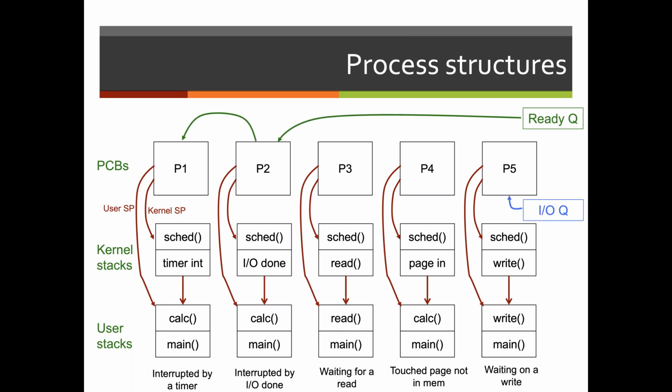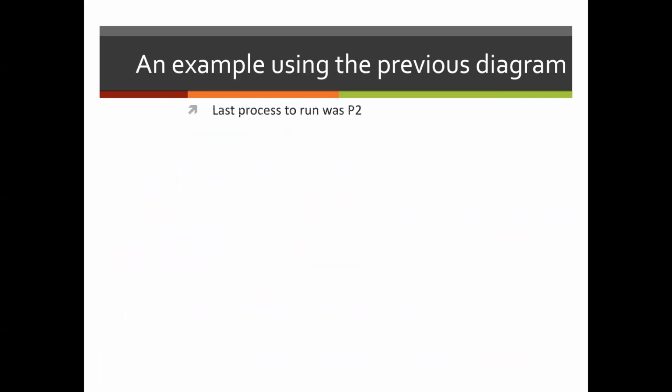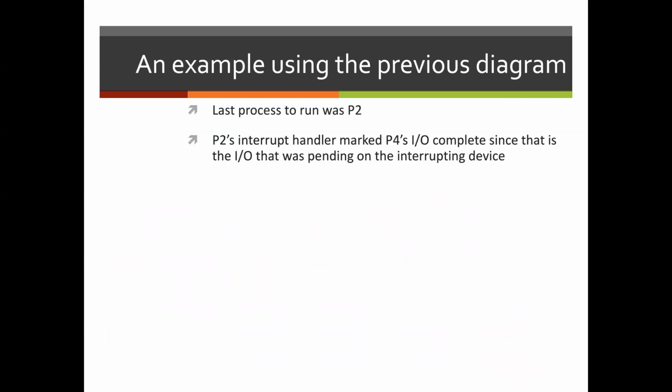We'll have our IO queue that is also made available. And so with this, we see that P2 is handling an IO complete interrupt for P4's IO. And so this means that the last process to run was P2.